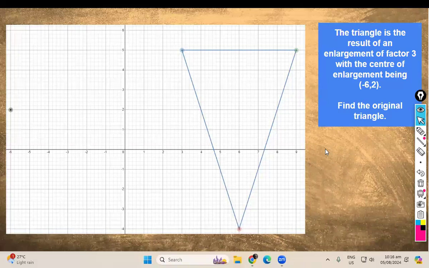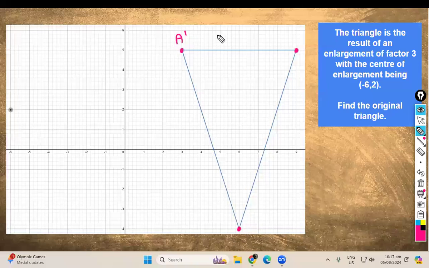The triangle is the result of an enlargement factor of 3, with the center of enlargement being (-6, 2). This is very similar to the previous question, but now the enlargement factor is 3.